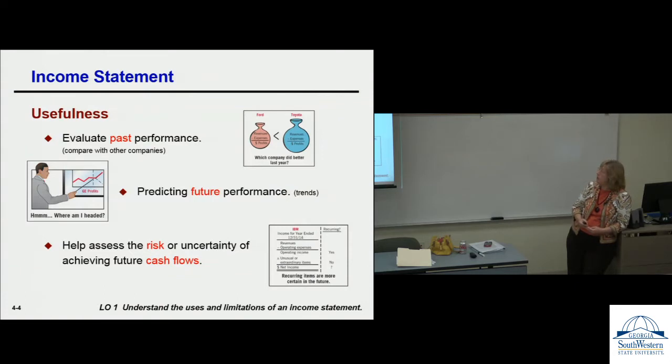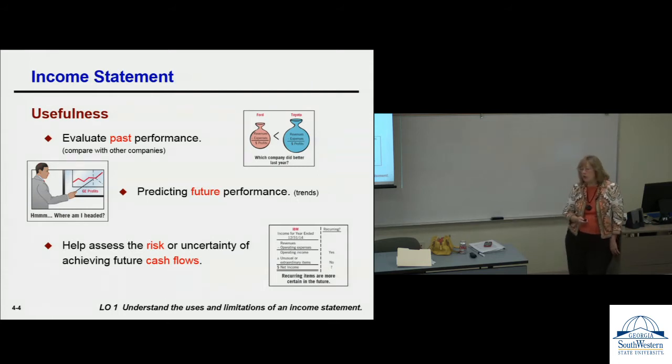Well, what is that good for? So then they can compare that company with other similar companies, or companies that they're maybe thinking about buying stock in or loaning money to. They compare this company with other companies to do what? To make decisions. That's the most important reason for these financial statements, is for decision making, okay?